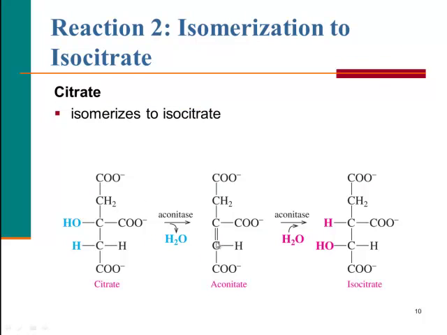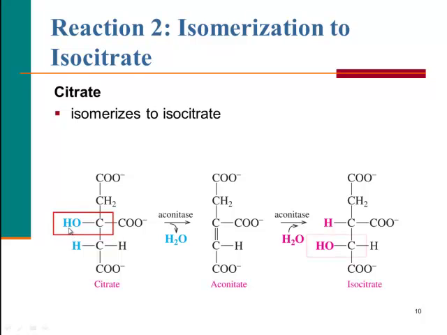Now citrate is a complex molecule, as you can see, and if you look right here you can see that it has a tertiary hydroxyl group. Now you guys already know from back in our study of alcohols that a tertiary alcohol can't be oxidized. And so the citrate molecule has to be rearranged.